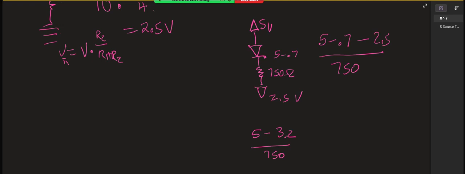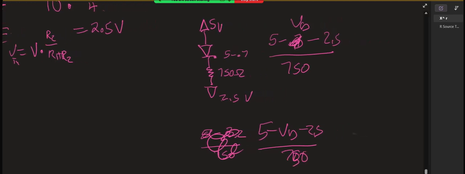And no, I'm sorry. We're trying to find VD. We're not assuming it's 0.7. Sorry, that's constant drop. It's VD. So it's 5 minus VD minus 2.5 over 750.